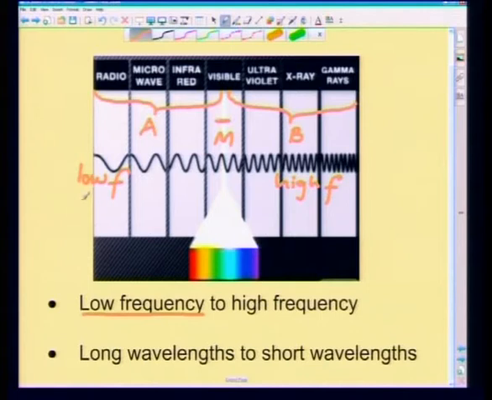So this is a region of low frequency, and whilst this B region, as I've called it, is a region of high frequency. So electromagnetic radiation ranges from low frequency waves to high frequency waves.